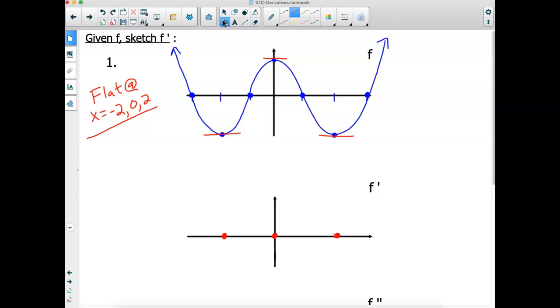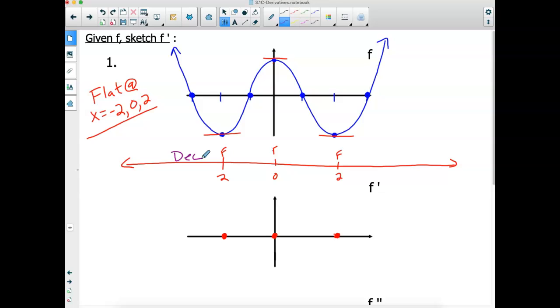So from here, I have a flat at -2, I have a flat at 0, and at +2, I have a flat. Between there, way out here, all the way, my function is always decreasing here, isn't it? Which means my graph of my derivative is always going to be negative.